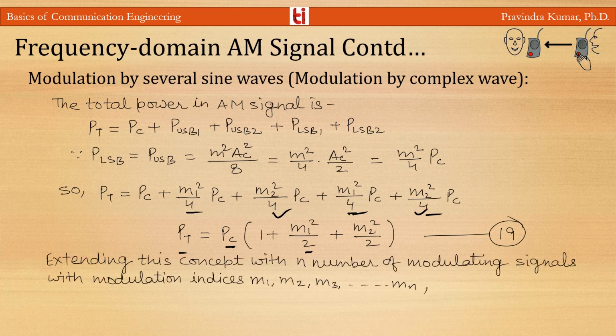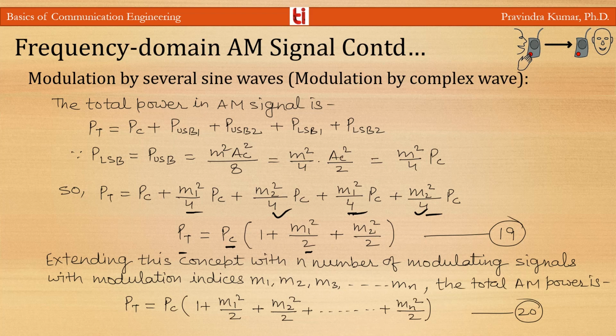So extending the concept of the AM wave to n modulating signals. Here we have only used two modulating signals with the carrier, and if I use more than two modulating signals, or you can say your modulating signal is a composite signal made from more than two sine waves, and we have modulation indices m1, m2, m3 up to mn, then the total AM power will be Pc[1 + m1²/2 + m2²/2 + ... + mn²/2].